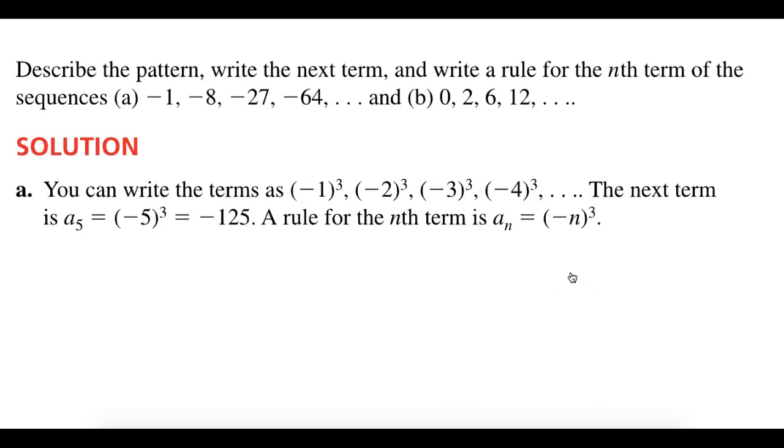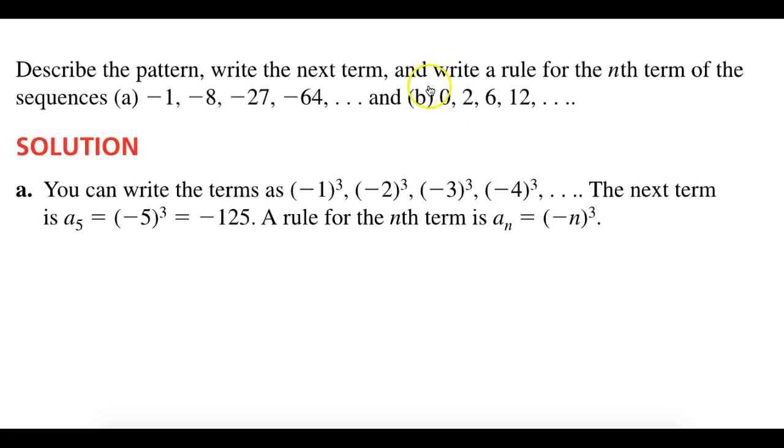We just find the pattern, and then figure out how you can simplify that pattern into a rule. Now, this next one, we need to think about. Sometimes the patterns are very obvious, sometimes they're not quite so obvious.